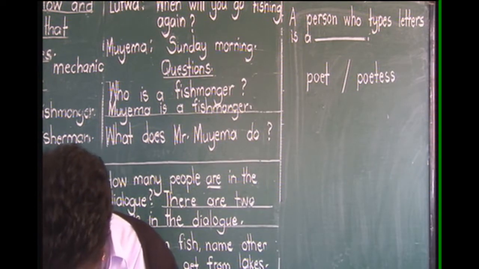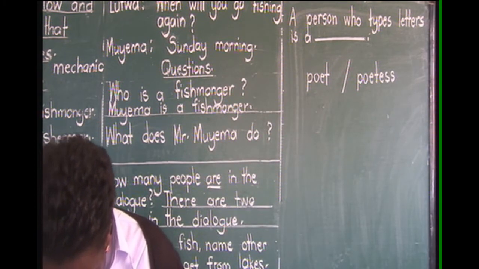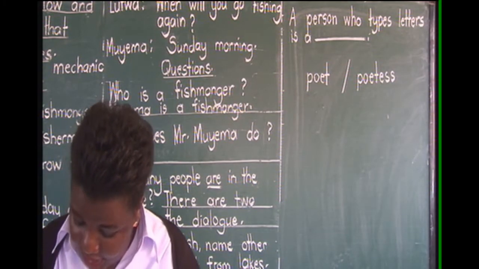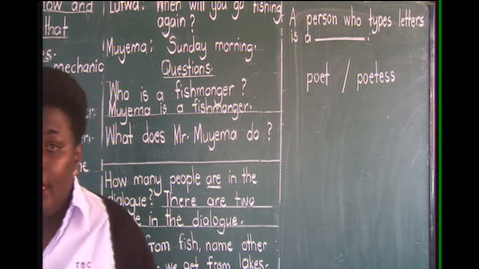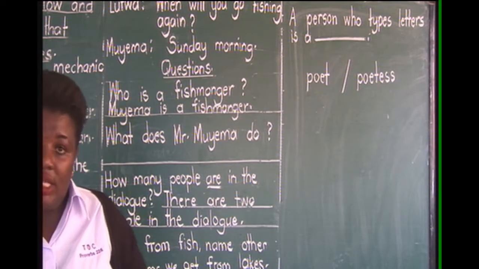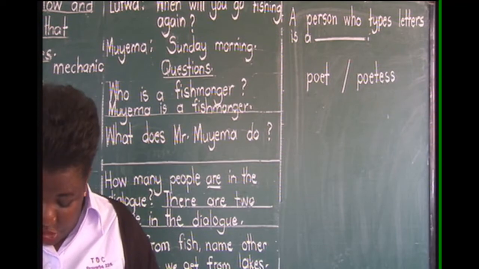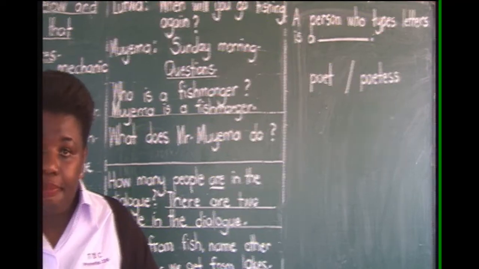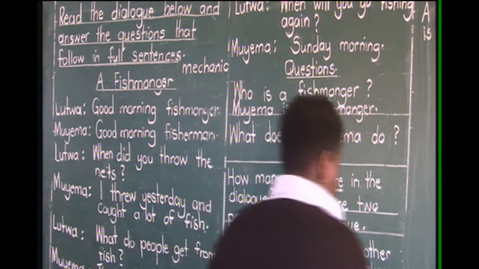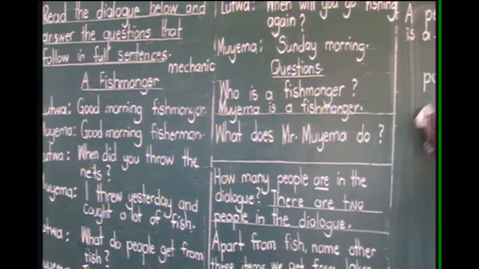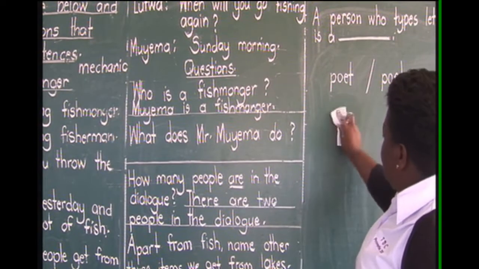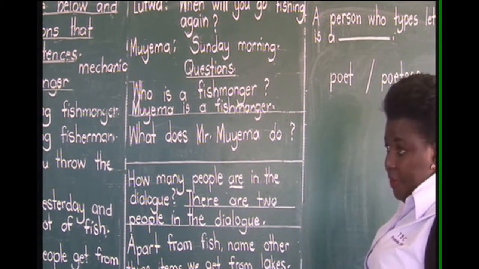So the next one, we have a person who writes articles for newspapers and magazines. That person is called an editor. An editor. Let me write it on the board also. I believe you've got a chance of reading newspapers.